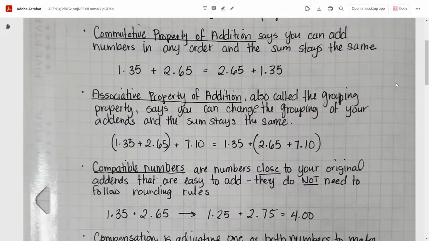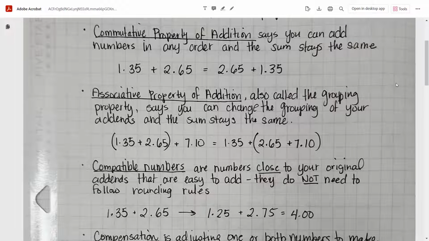Now, the associative property is very similar to the commutative, but it's for 3 or more numbers. It's also called the grouping property, and it says that you can change the grouping of your addends and the sum, or the answer, will stay the same.